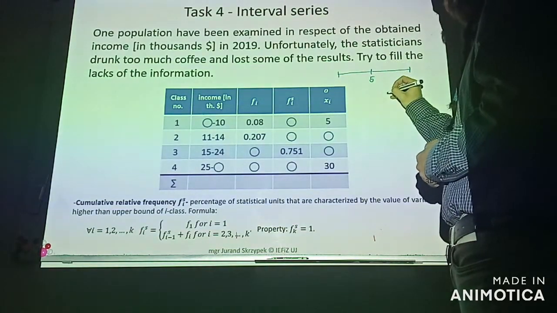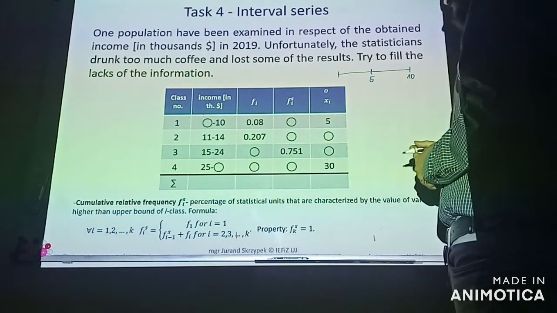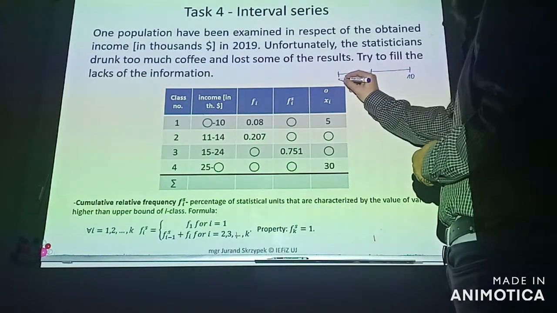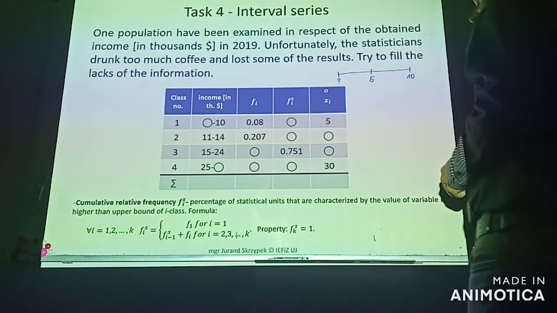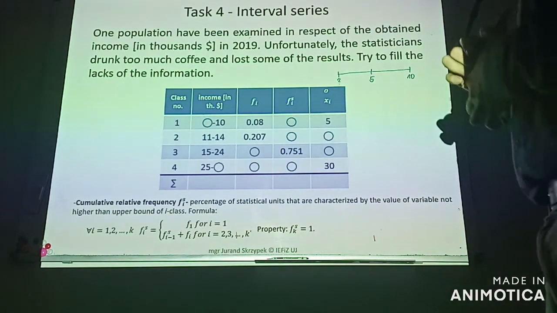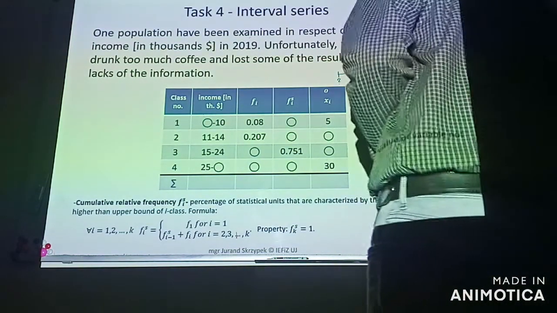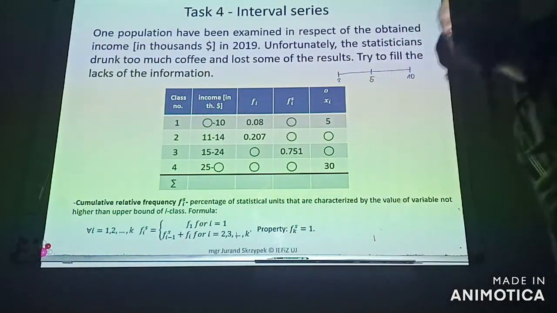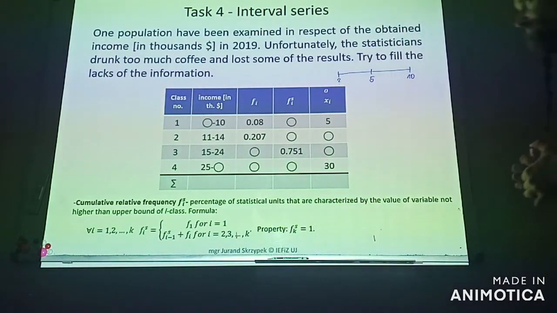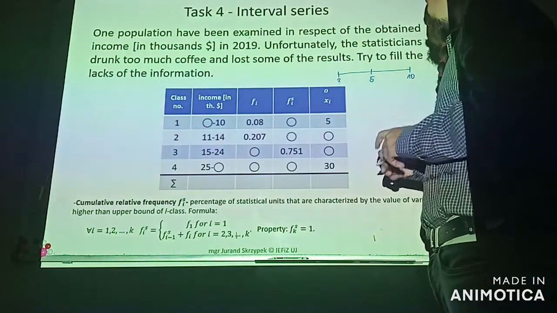Here we have the middle of the first class, here we'll have the upper bound of the class. The question is, what value is taken by the lower bound of the class? The answer is very simple, yes?